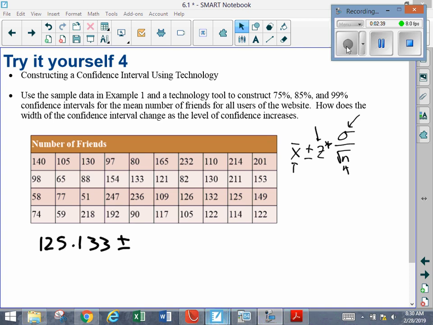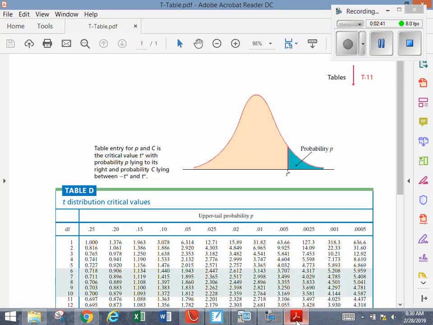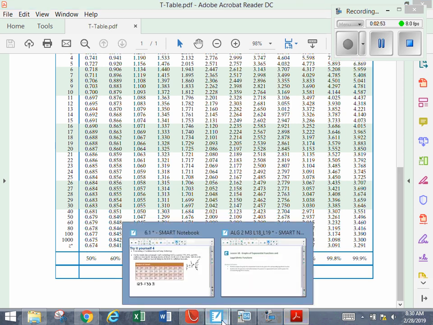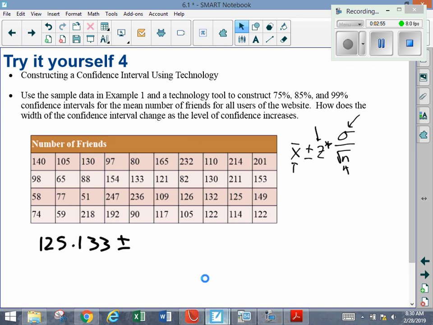So I've got my t table right here. I will scroll down to the bottom, and I will look at the z star value, or the infinite degrees of freedom. And we are constructing a confidence interval first. It's asking at what level? 75. So let's go 75 first.